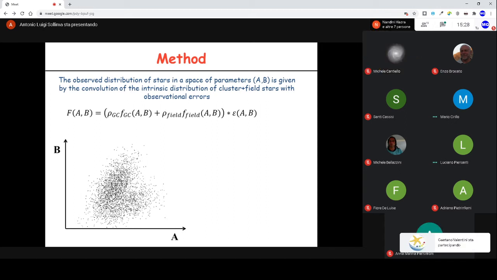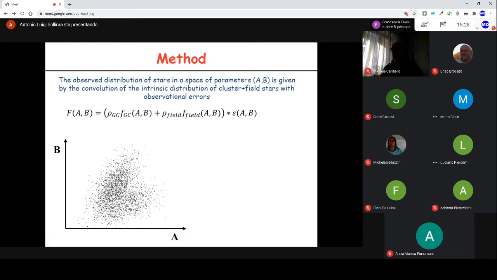For instance, consider just 2 parameters instead of 5, so A and B. The distribution of stars in a given portion of the plane formed by these 2 parameters will be given by the superposition of the distribution of field stars and cluster stars, which can be seen as the combination of the normalized distributions of cluster and field stars, with normalization factors of the density of the globular cluster and the density of the field. And this distribution is then convolved with observational errors.